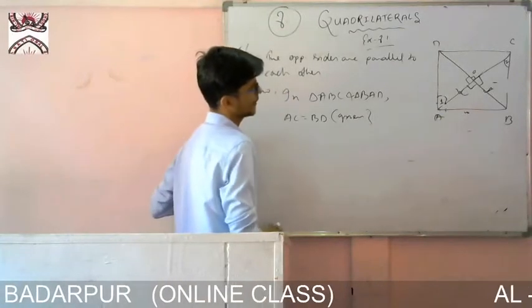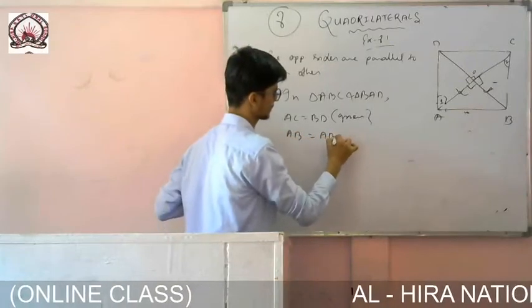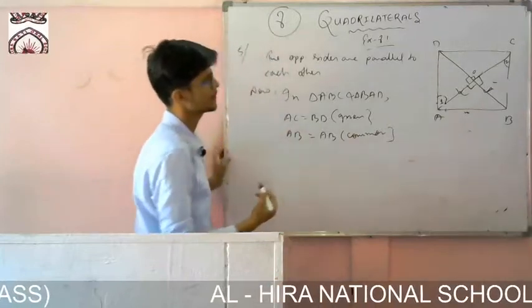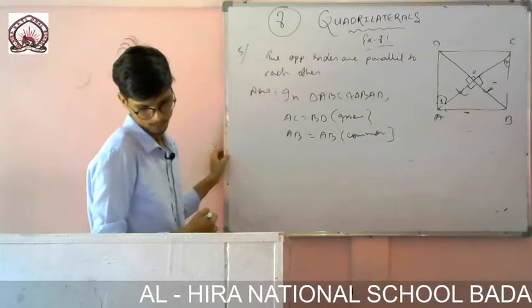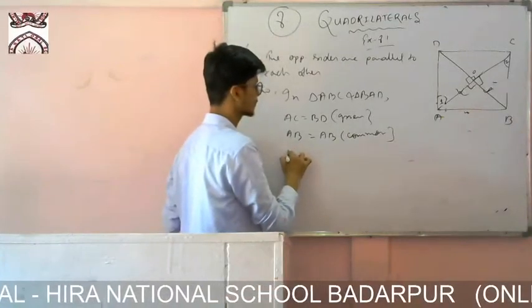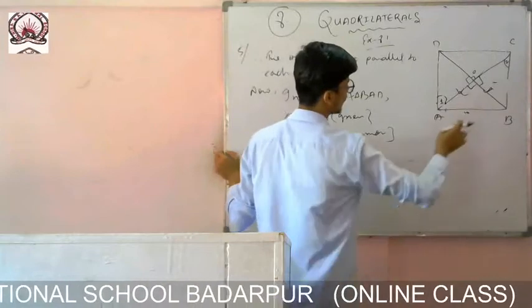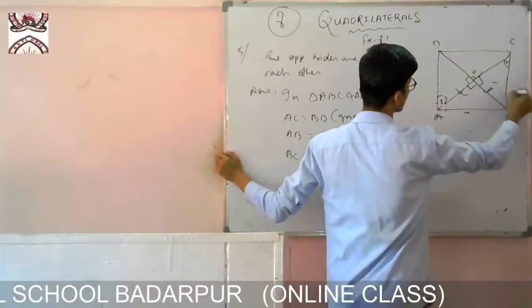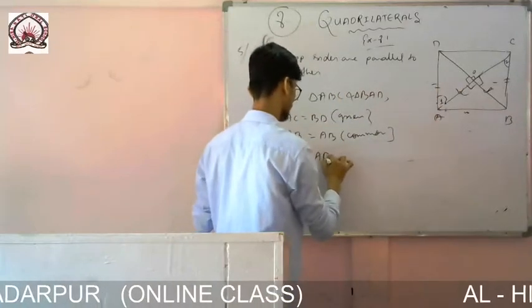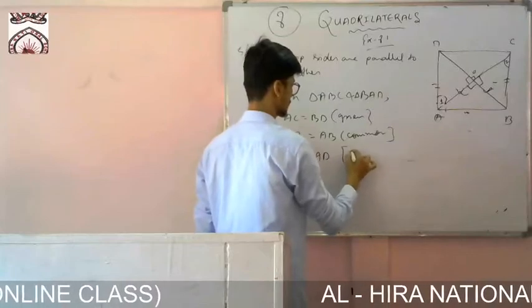Then AB is the common side, AB equals AB. And BC equals AD, which we proved earlier, that all the sides are equal. You can write, proved above.